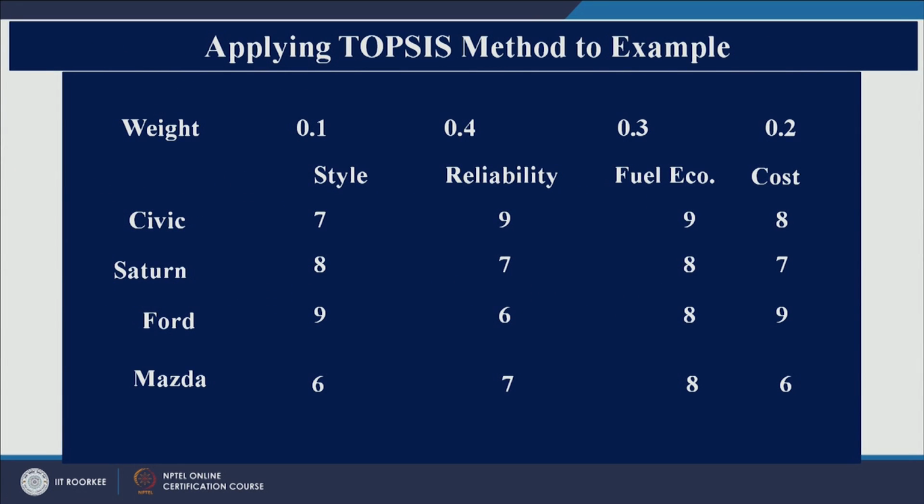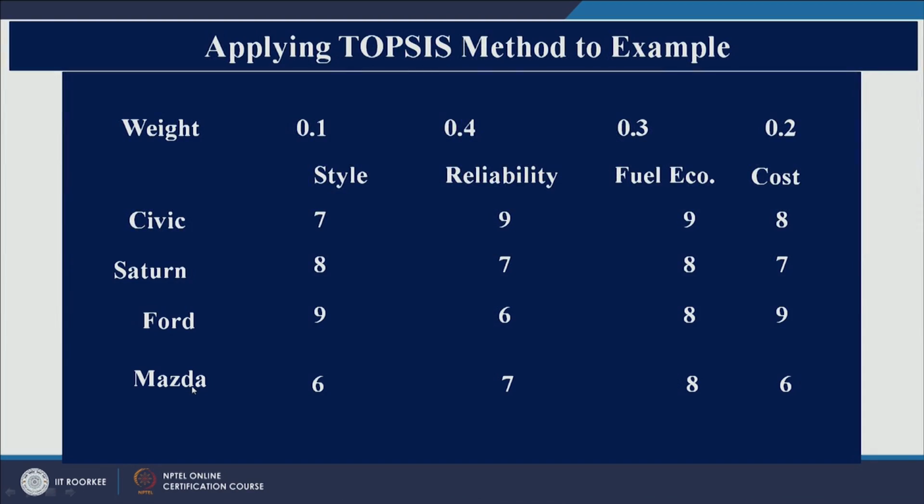So, let us look at this question. We would be applying TOPSIS method to this particular example. Let us say there are 4 different cars, Civic, Saturn, Ford and Mazda, and you have to select one of these cars, and there are 4 criteria on which you would be selecting these cars.